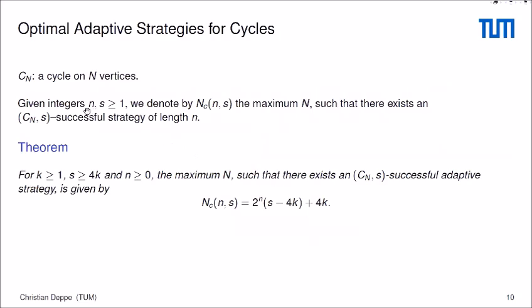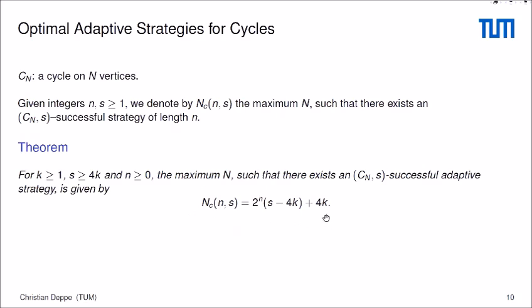Let's start with cycles. For cycles, we got the following result. By N_C(n,s), we denote the maximum n such that there exists a successful strategy of length n. And you see that this n grows exponentially in the number of tests. This is not really surprising, because the idea of the direct proof is that you do a splitting strategy.